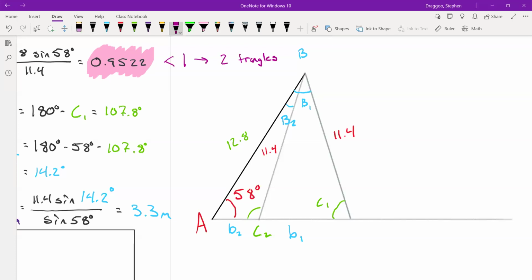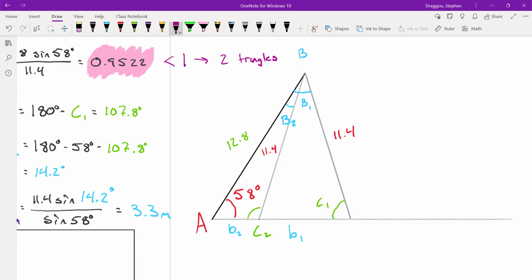If that number is bigger than 1, you actually have no triangles. You'll know it's one triangle if that number comes out to exactly 1. If it's exactly 1, you actually have a right triangle, but then it's just back to SOHCAHTOA and the Pythagorean theorem. So that won't come up on the exam.